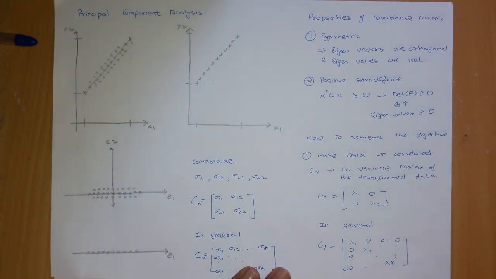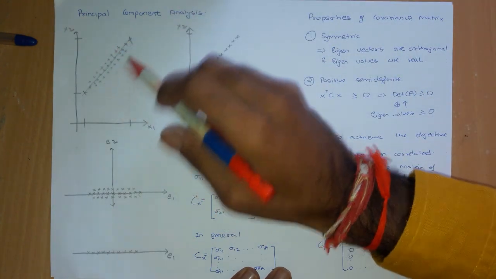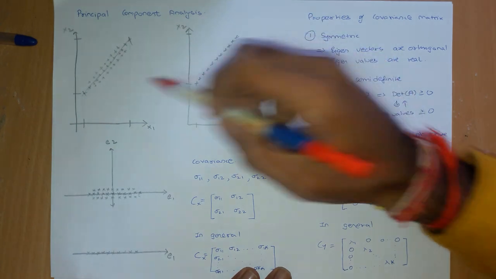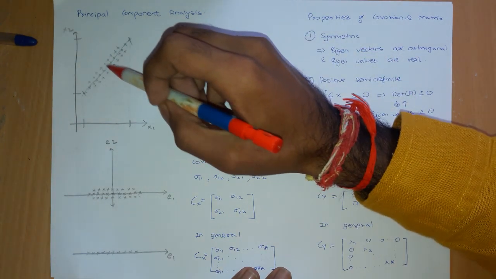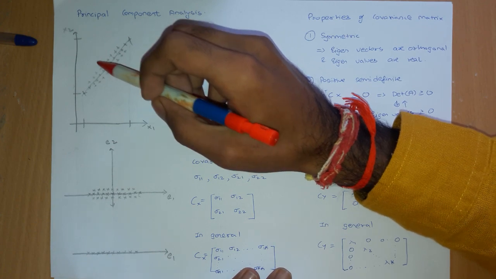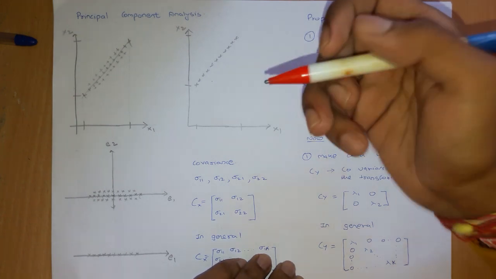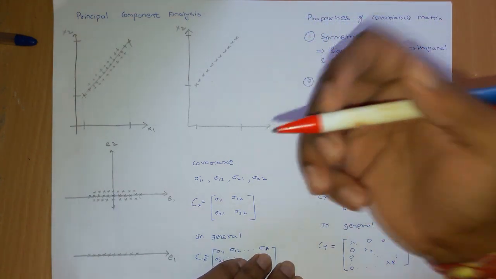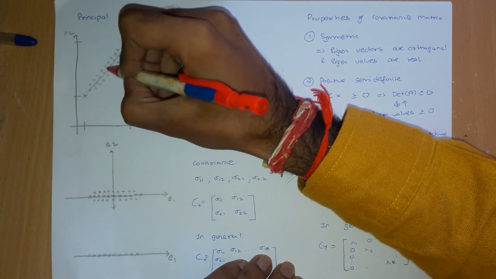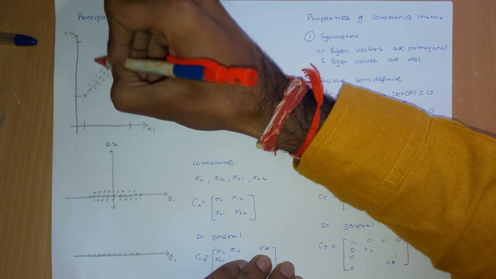So let us see how we can achieve this. We have this data, and we just want to remove this dimension. For that, first we will need a transformation such that my new transformation has axes like this.